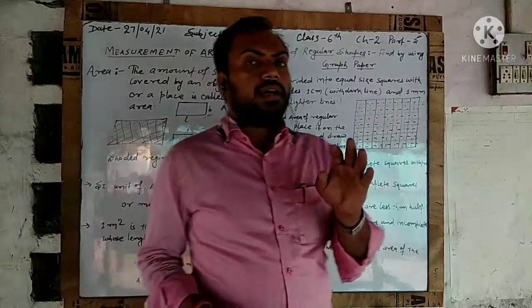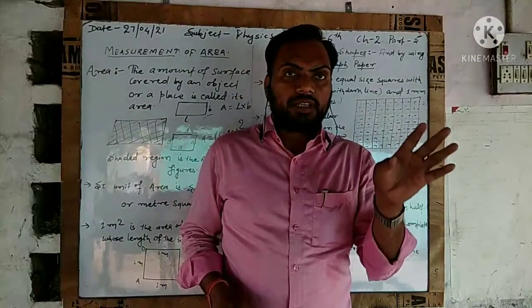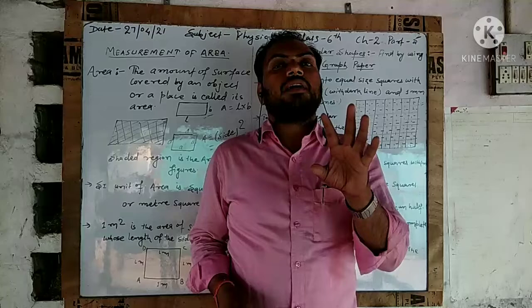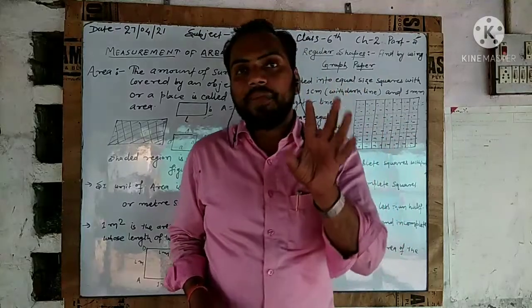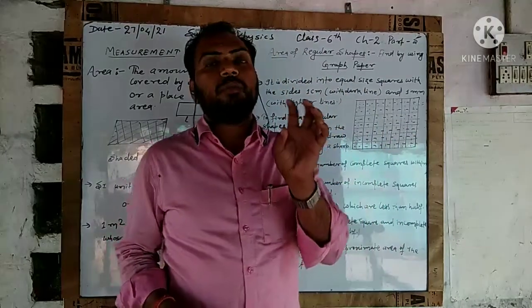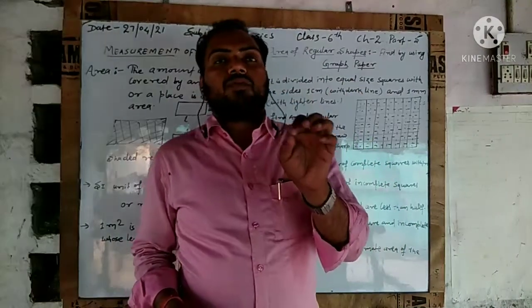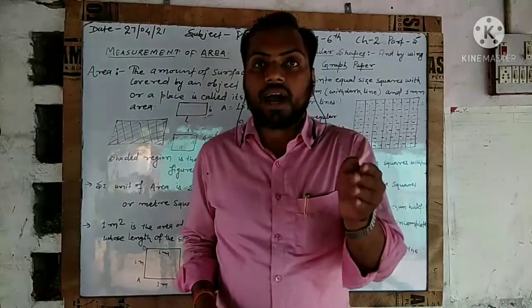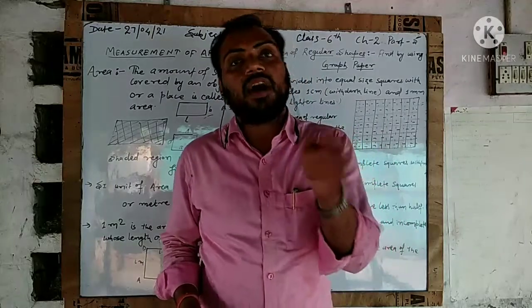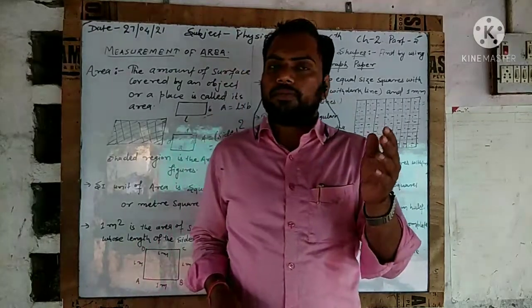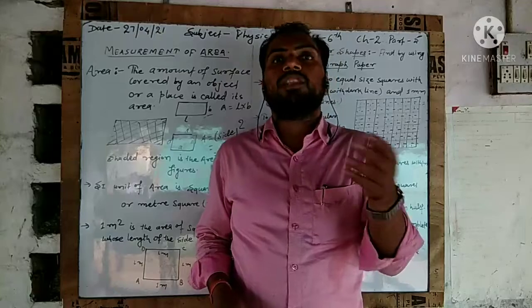After counting the complete squares within the outline, you also have to count those squares which are more than half present within the outline. More than half, not less than half.